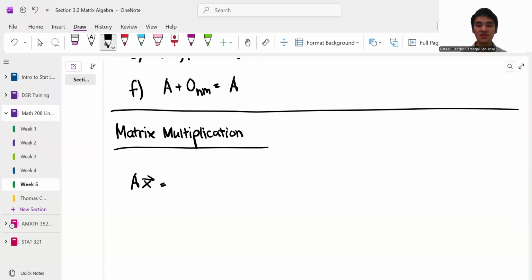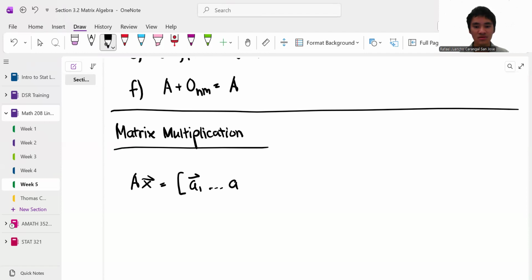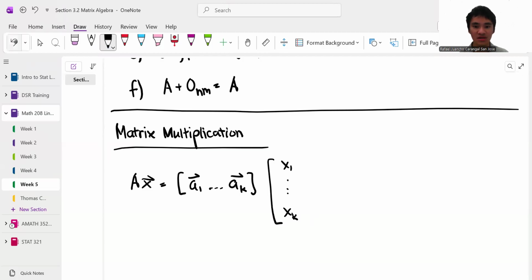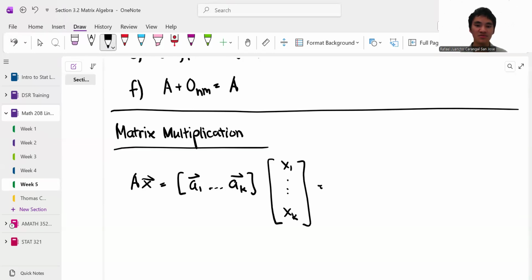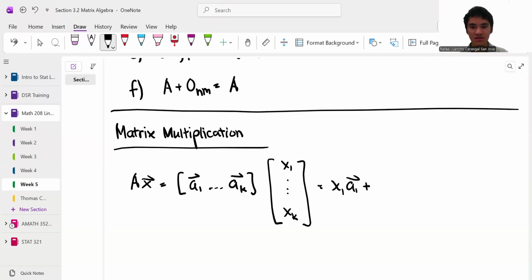So we say A is a matrix multiplied by some vector X. So this is equal to, so we have a bunch of vectors all the way to some K. And we multiply that by a column vector, which also goes to K, obviously, right? Reason being is we need the columns of A to be the same as the rows of that vector X. So we have X sub 1, A sub 1. And what do we notice about this idea?